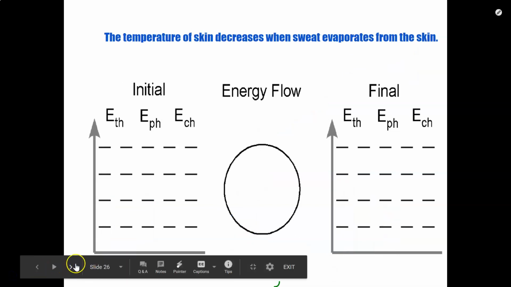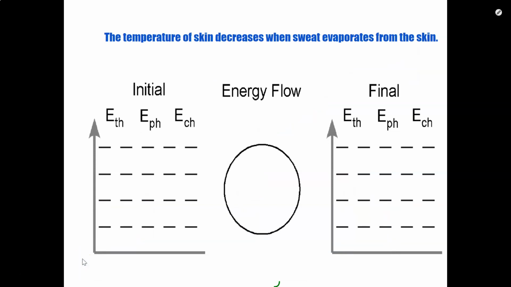The last one is temperature of the skin decreases when sweat evaporates from the skin. So we're looking at our system would be the sweaty skin. So we're going to look at that. So to start with, we are at body temp.